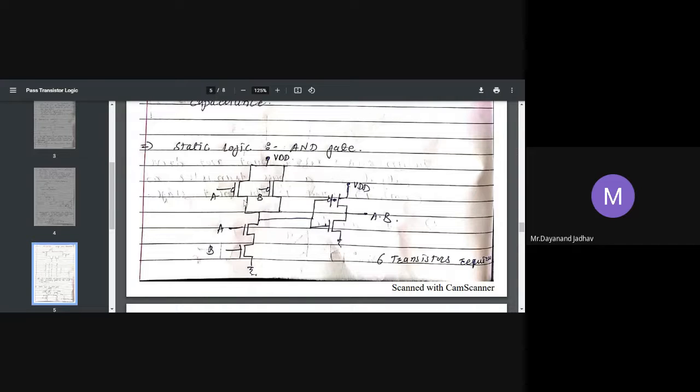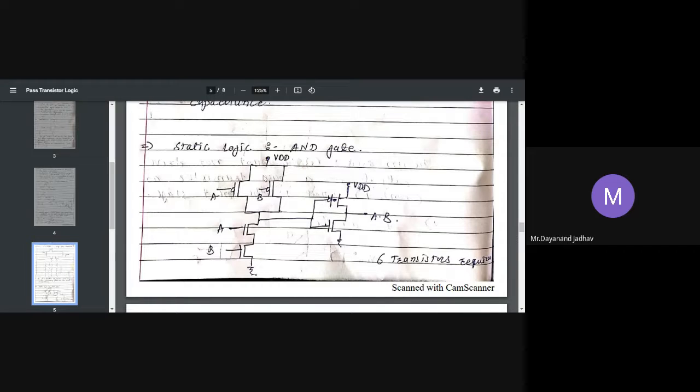The upper part we consider as the pull up network, and the lower part is considered as the pull down network. The pull up network can be implemented using PMOS transistors, and the pull down network can be implemented using NMOS transistors. This is the logic required to implement the AND gate.